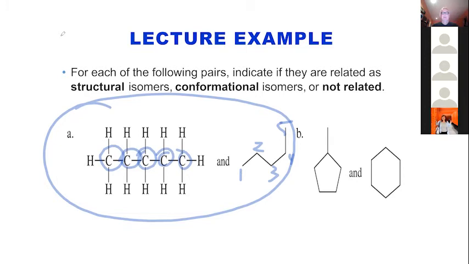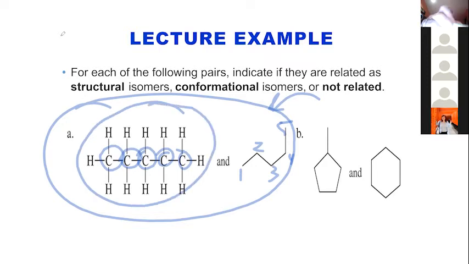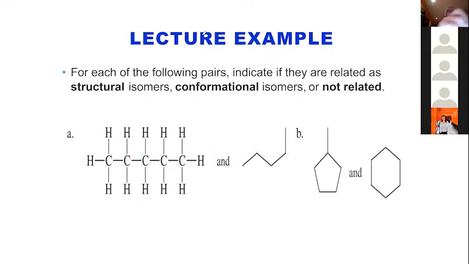So we know they have the same formula. Are they structural isomers or conformational isomers? That one's conformational, right? Because they're both all in a row, but this one is a different shape. But in fact, we don't know what shape that is, presumably just straight. We don't really know.